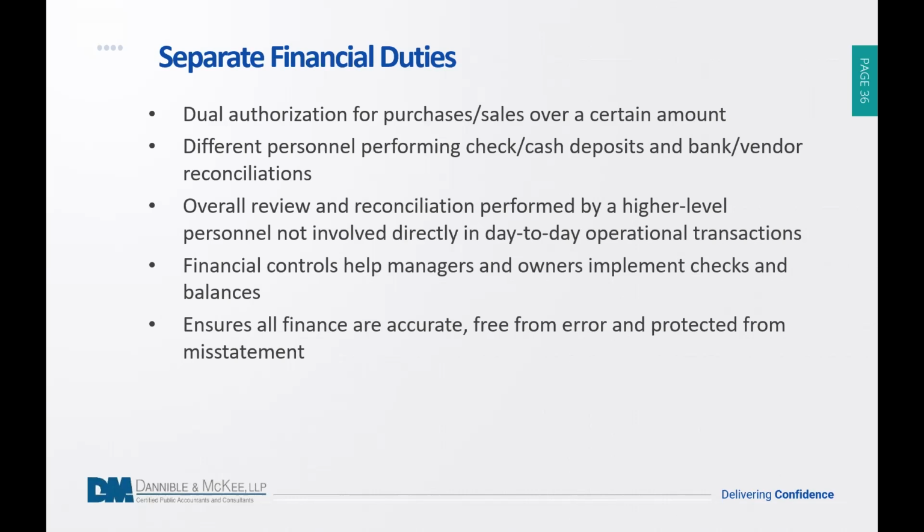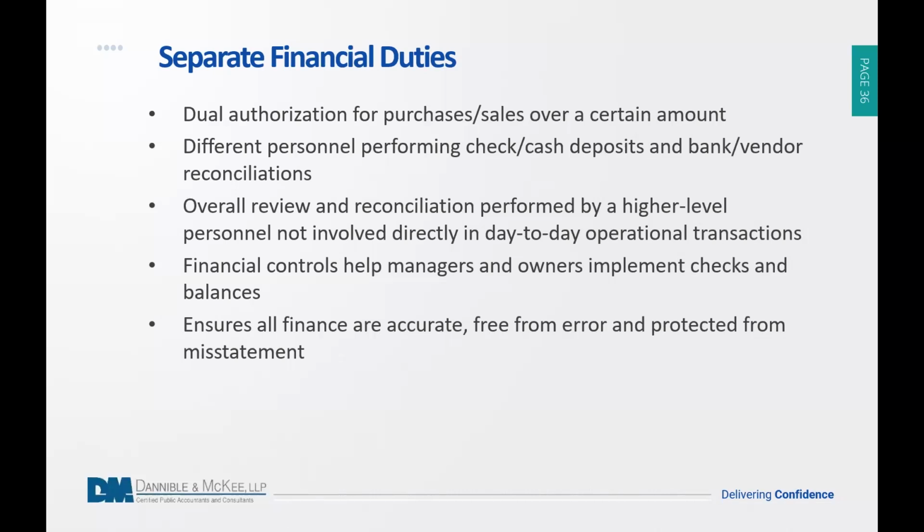Financial controls help managers and owners implement a system of checks and balances. And more importantly, they ensure that the financials are accurate, free from error and protected from misstatement. Because everything we're talking about today can be a way to catch fraud, but it can also be a way to catch errors and make sure everything is accurate.